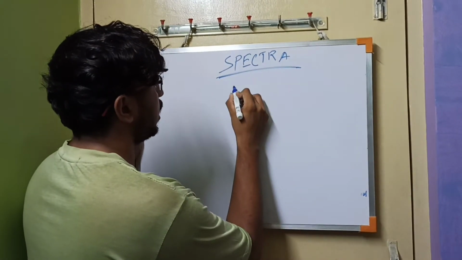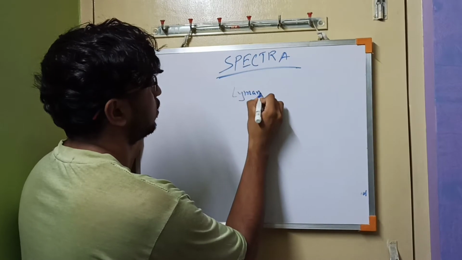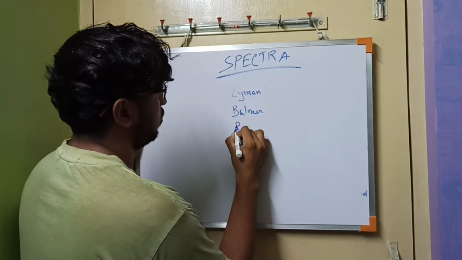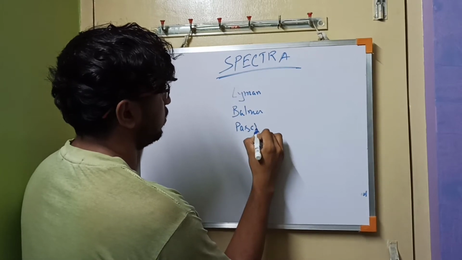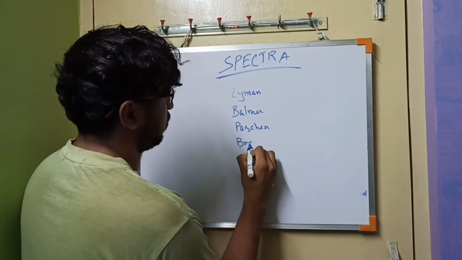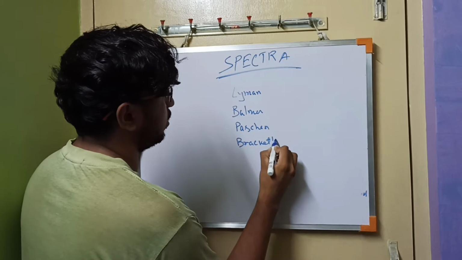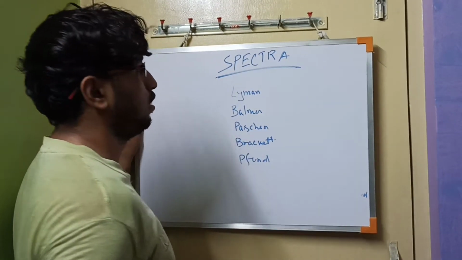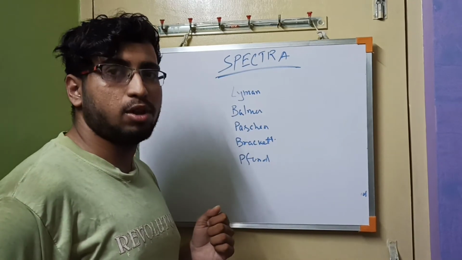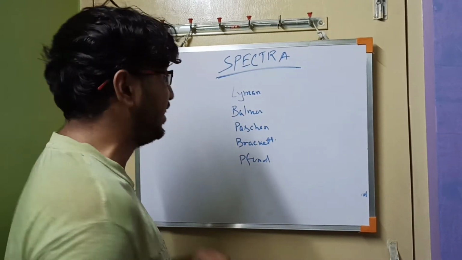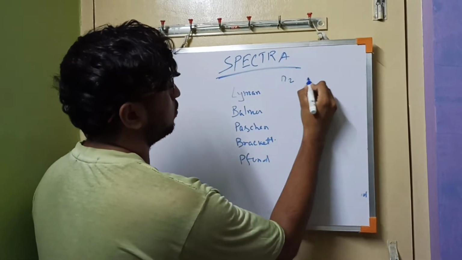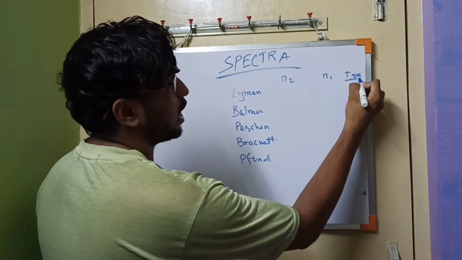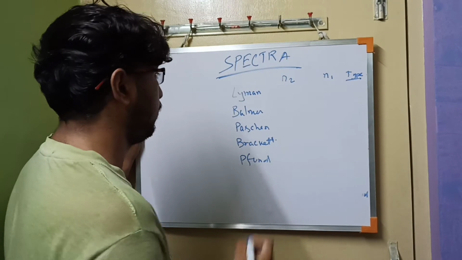Basically they are Lyman, Balmer, Paschen, Brackett and Pfund. These are the 5 types of ray or 5 spectral series. We can make a table for n2, n1 and the type of ray released.